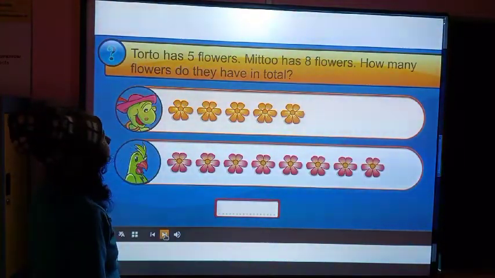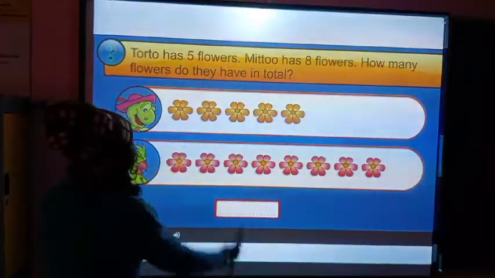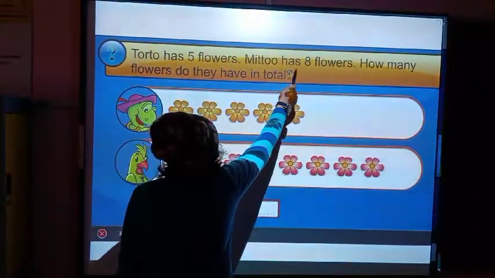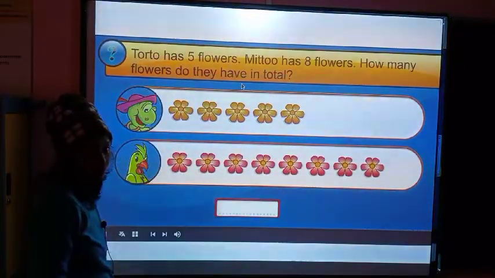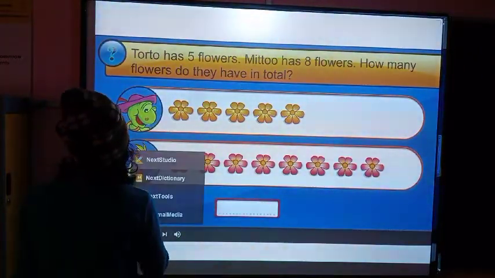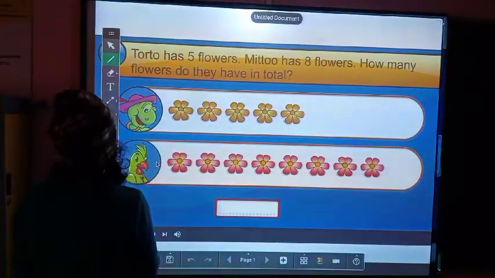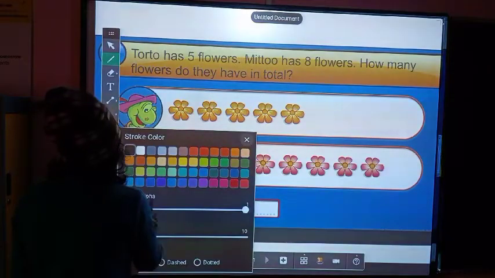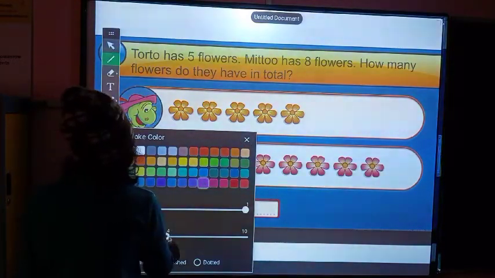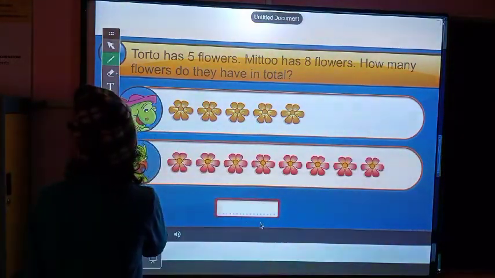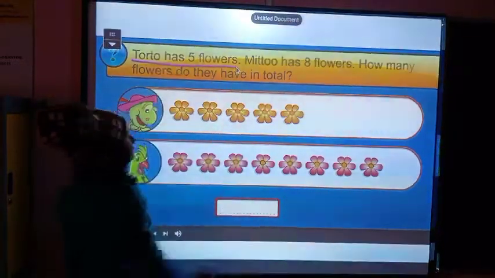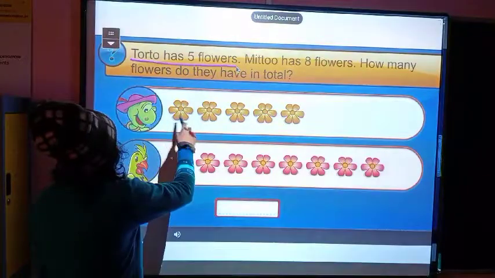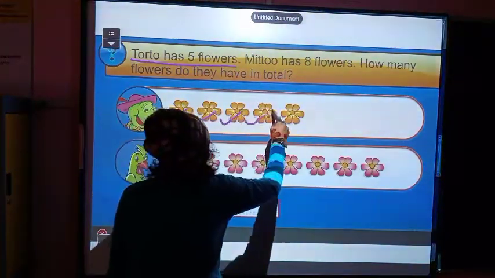Toto has 5 flowers. Mitu has 8 flowers. How many flowers do they have in total? Toto has 5 flowers: 1, 2, 3, 4 and 5.